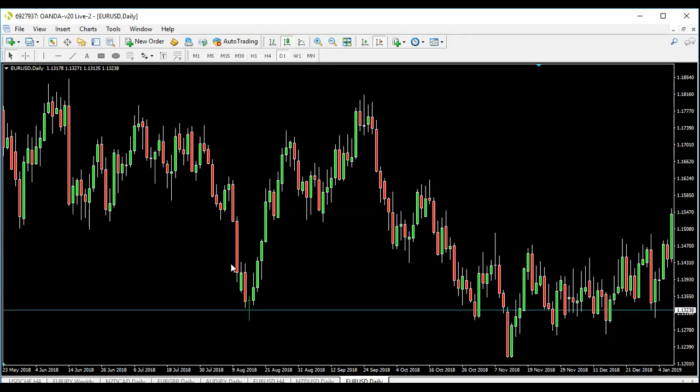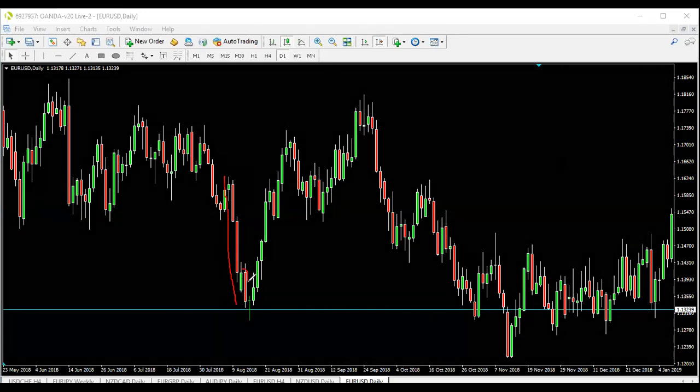So here's a perfect example of a morning star pattern, right here. Okay, this area right here. You can clearly see that the market is in a clear downward momentum.